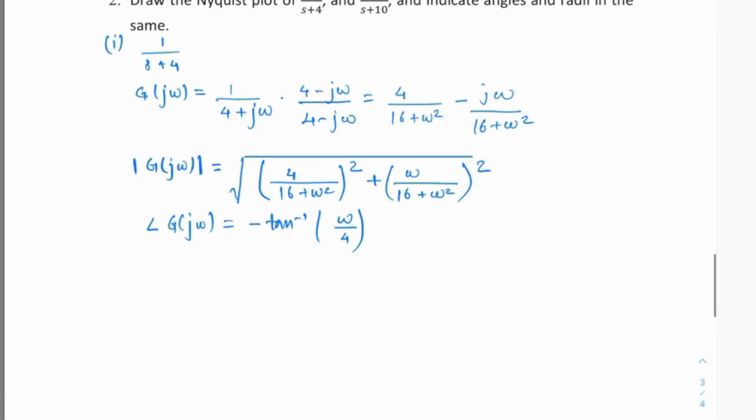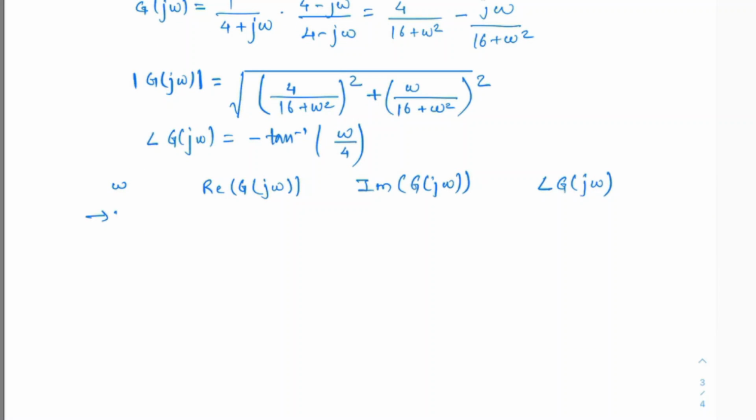So let's see with respect to omega, the real part of G of j omega, the imaginary part of G of j omega, and the angle of G of j omega.